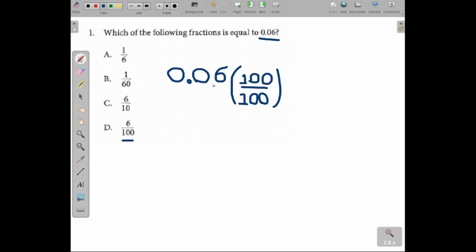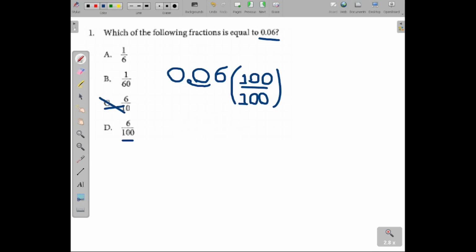Because if we multiply it by 10, the decimal will move one place, so it will become 0.6 divided by 10, and that's not the option.